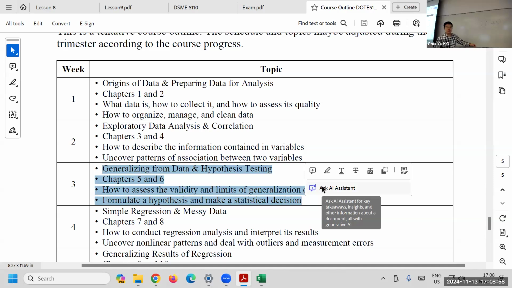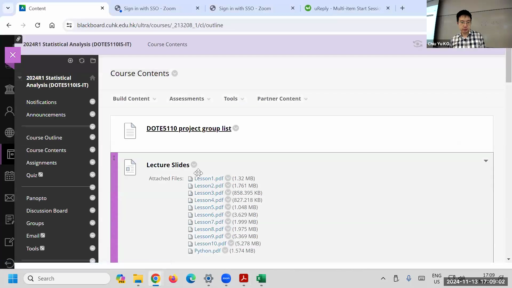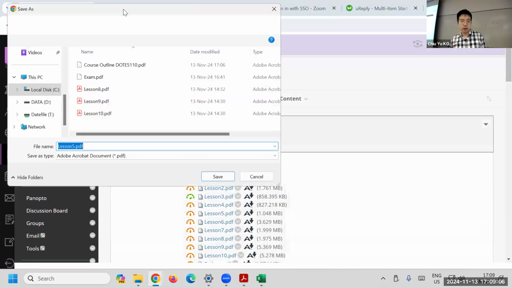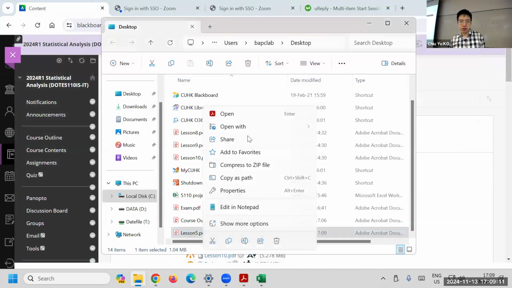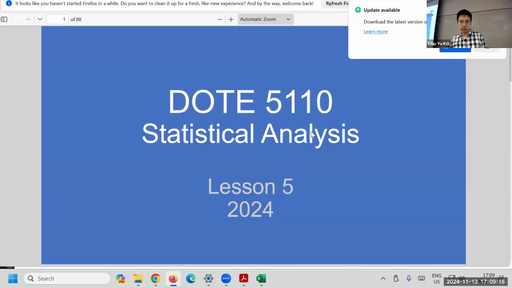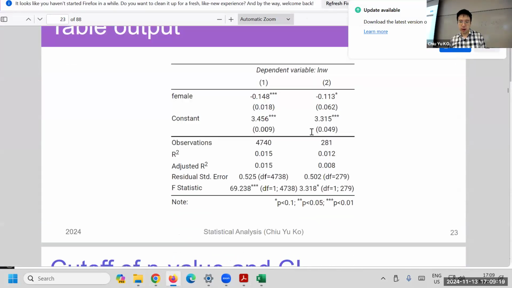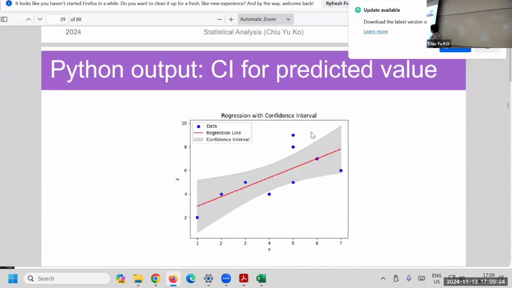If you recall, hopefully you still remember, right? In chapters 4 and 5, right? And then we learned how to draw this kind of graph, right? That tells you on average this is the line we want, but we will not be very clear, right?